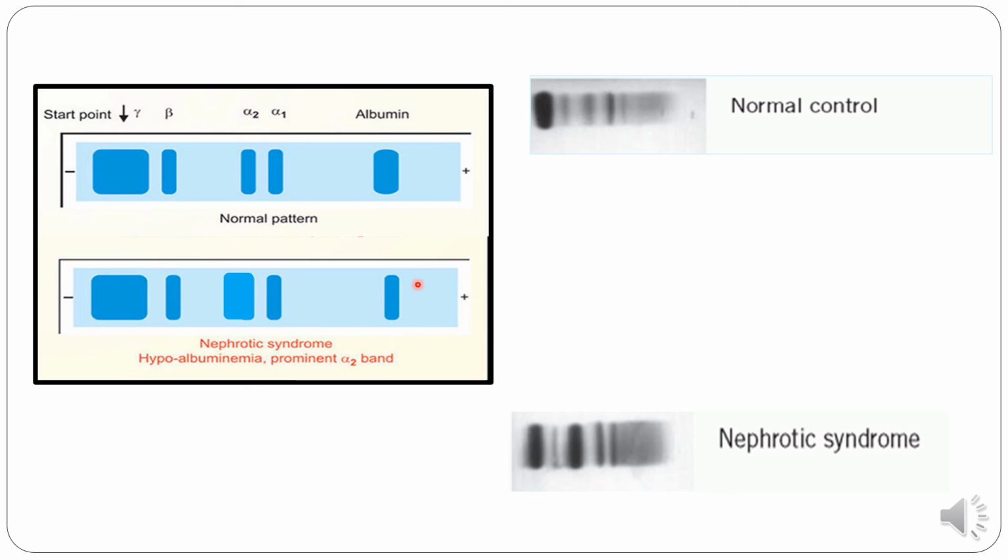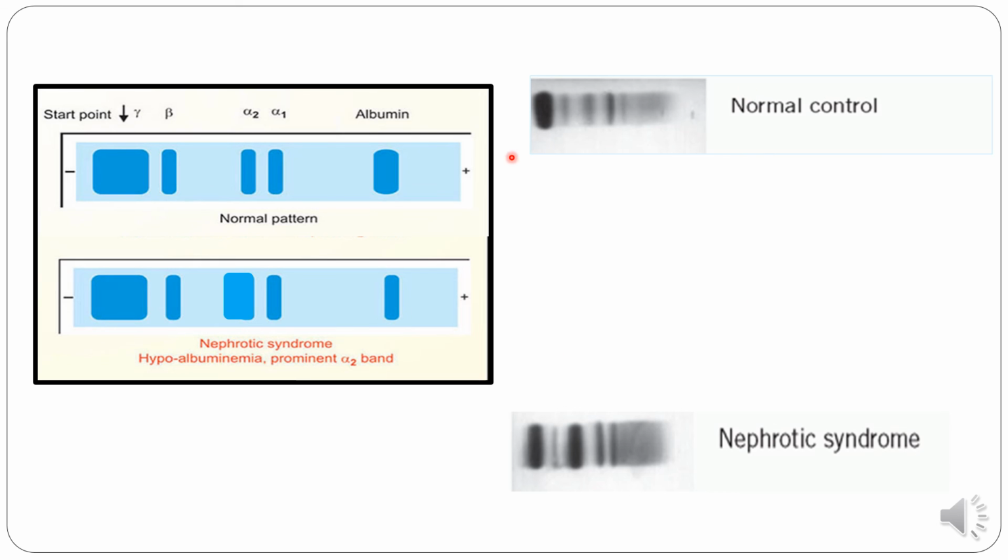To compensate for this reduced band, the larger protein, the alpha 2 fraction, which may not be able to pass through the nephrons, will increase in relative percentage because the body will try to maintain the total protein. This is what is happening in nephrotic syndrome.